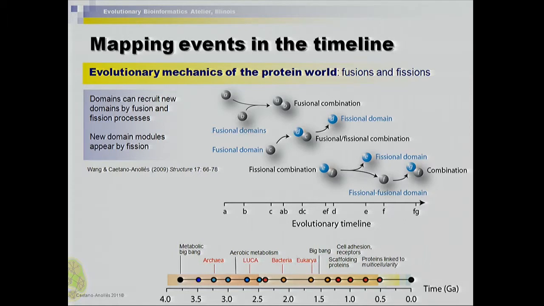From fusional domains, we turn them into fusional combination. But you could have different schemes. You could have a fusional domain interacting with another domain in a combination at a later time, which we call fusional-fissional combination. And then this one will excise a new domain, D, in a fissional, and this is a fissional domain later on. So you have different alternatives, and you can map those alternatives in the timeline.